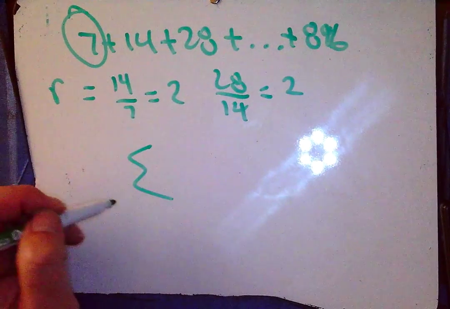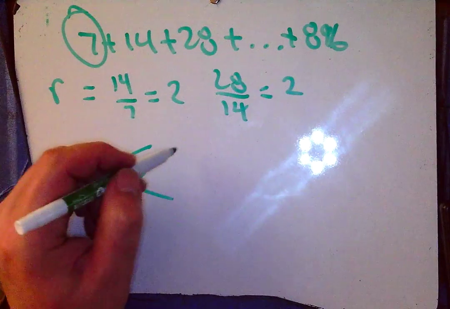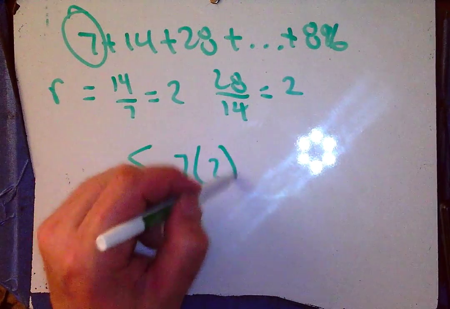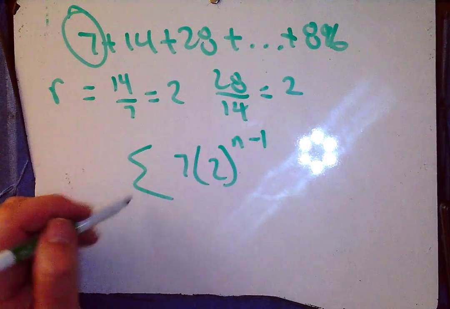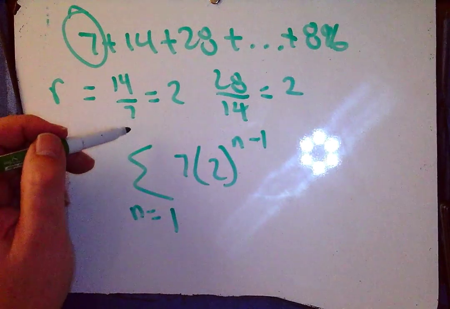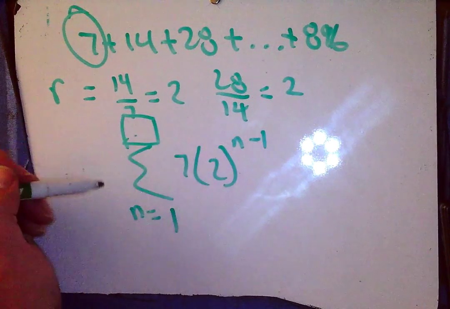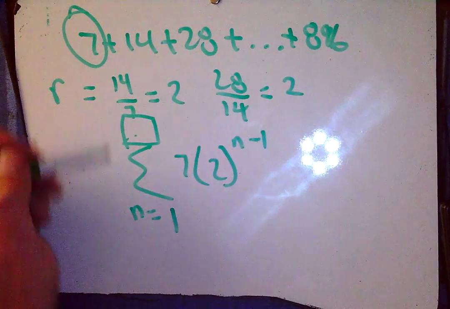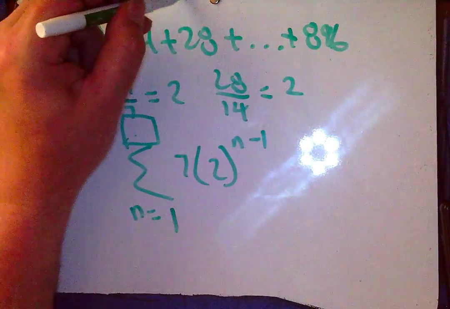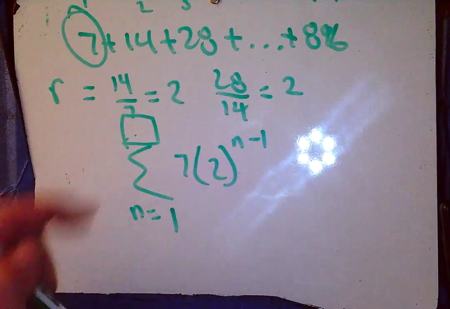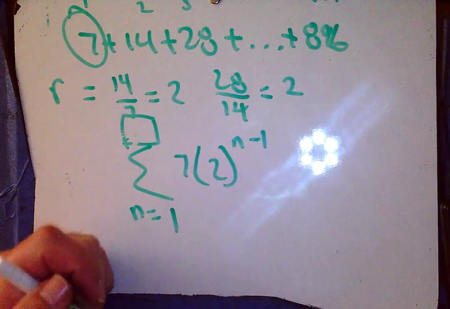So in sigma form, I'm thinking a sub 1 times 2 to the n minus 1, n equals 1 to, uh-oh, I don't know this number. I know this is the first term and the second term and the third term, but I don't know what term number this is.